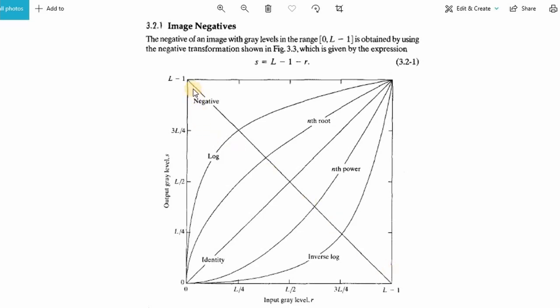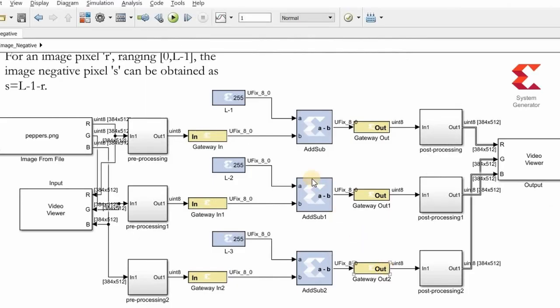So what does it imply when you see the graph like this? Is it not the inversion, the entire inversion of the input? So instead of considering these two blocks, I will just put an inverter in this place, and now I will implement the model for the image negative.